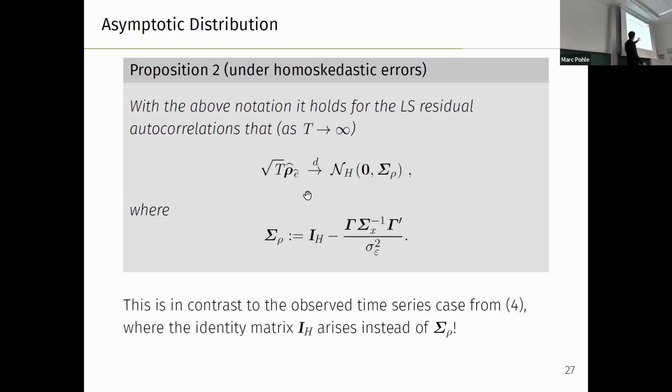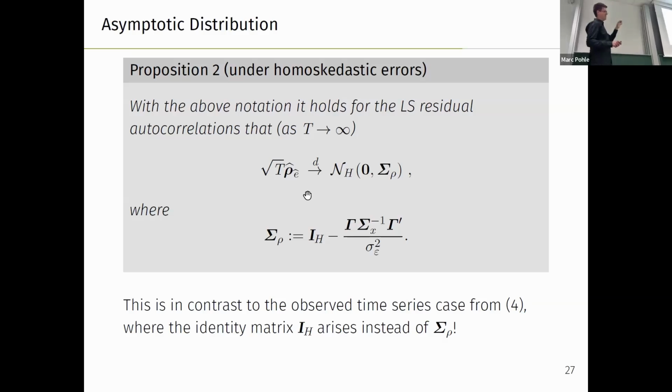If there was no residual effect, it would be the identity matrix, as in the temporal independence case before. But there is a term that is subtracted from this identity matrix. This term is positive definite, so the resulting matrix is in a way smaller than the identity matrix.